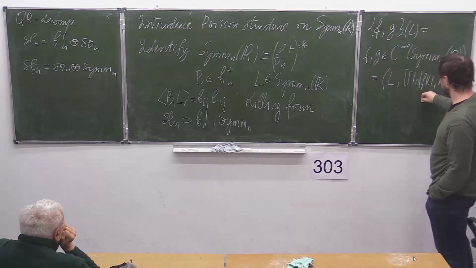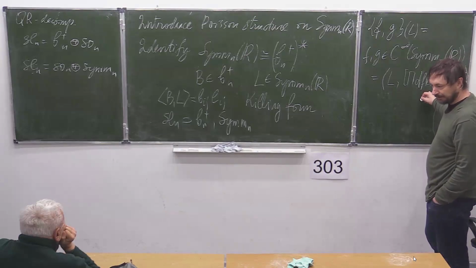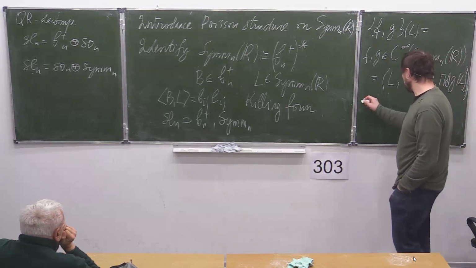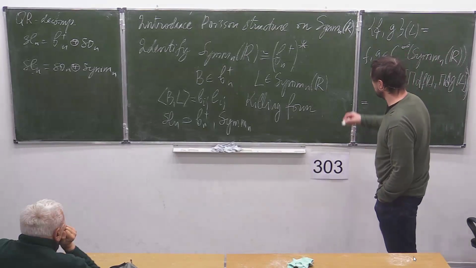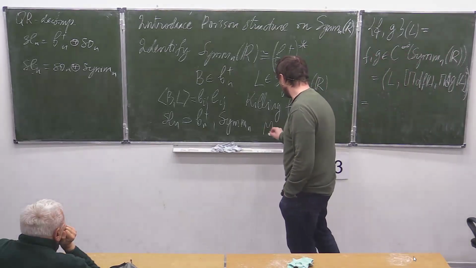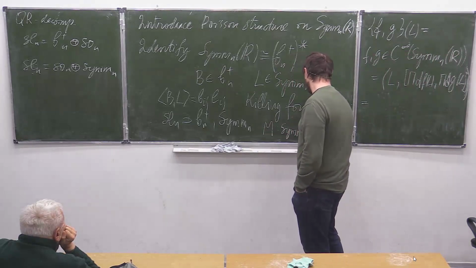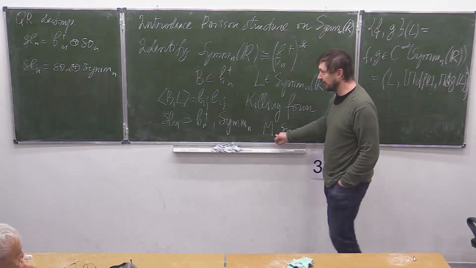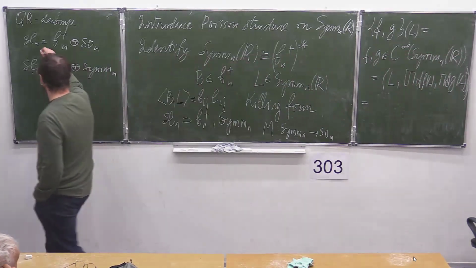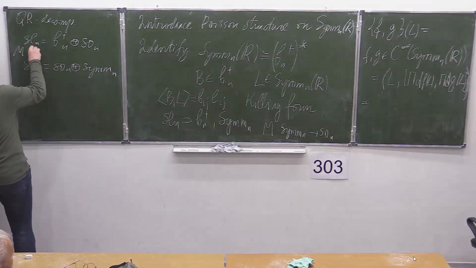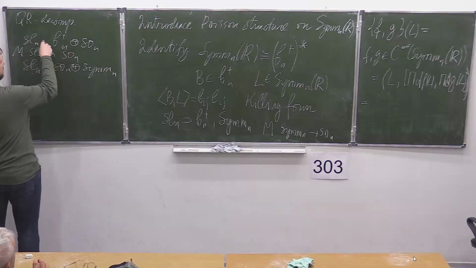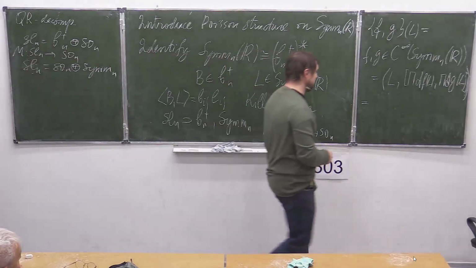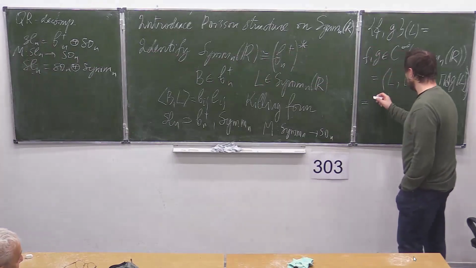So this is just the restriction of the standard Lie-Poisson bracket to the subalgebra, and you can rewrite it in terms of the projector M. This projector M from symmetric matrices onto so(n) turns out to be nothing else but the restriction of a natural projection from sl(n) onto so(n) with respect to this direct sum decomposition.